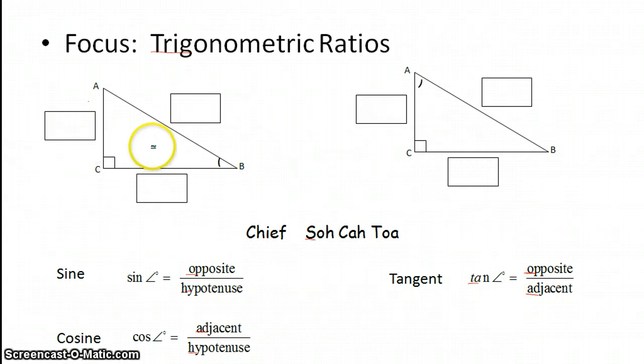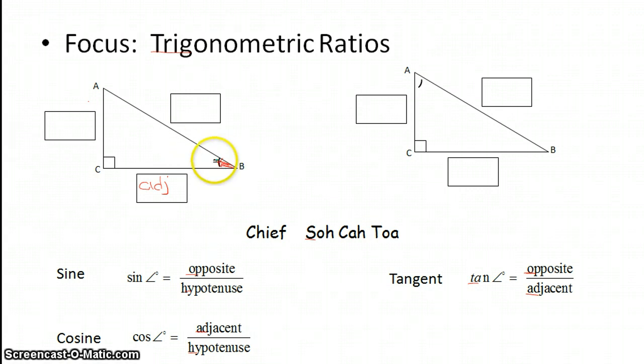So let's come up here. You'll see that in our first triangle I have B highlighted. So we know that what we're working with is our angle B here. If we want to look at angle B, we're going to look at the sides in relation to angle B. Side BC is the side that is adjacent to angle B, and you can remember that because angle B is attached to the side.